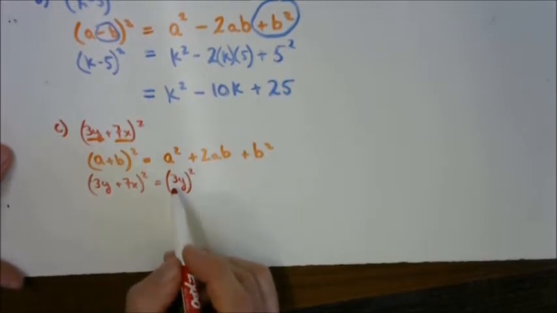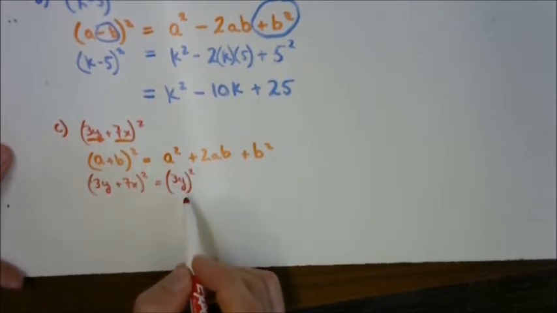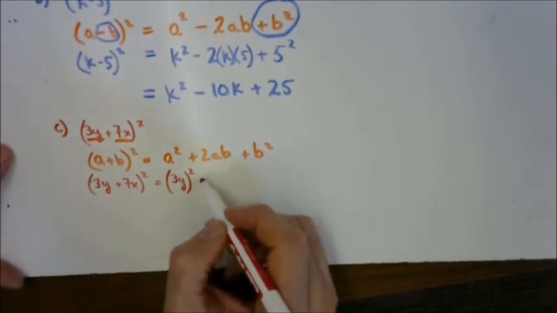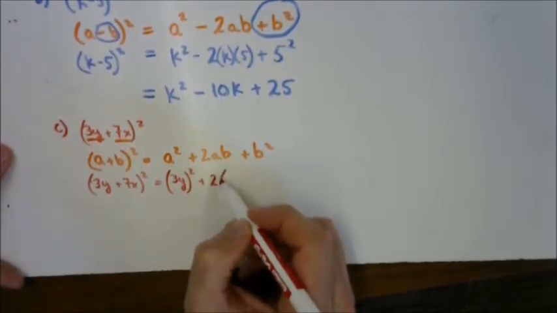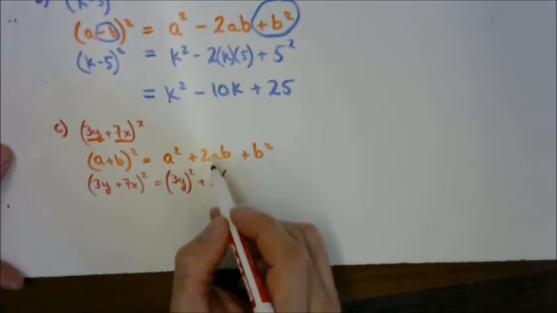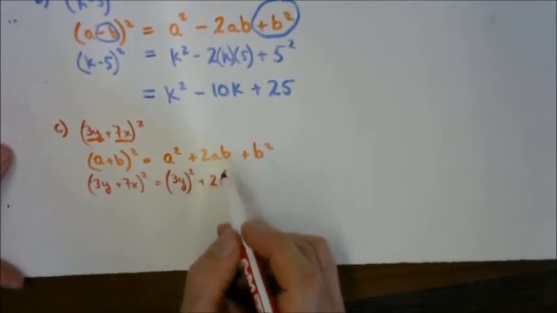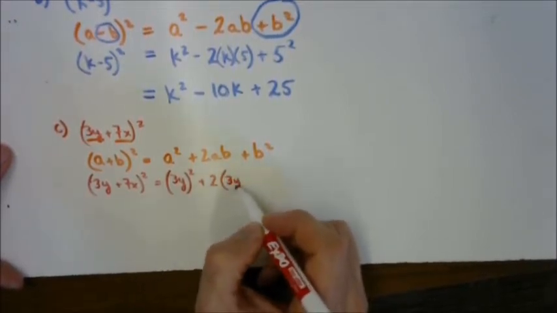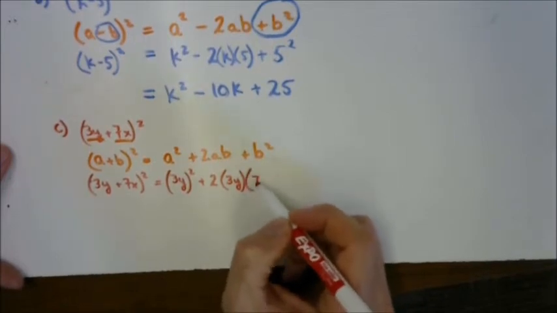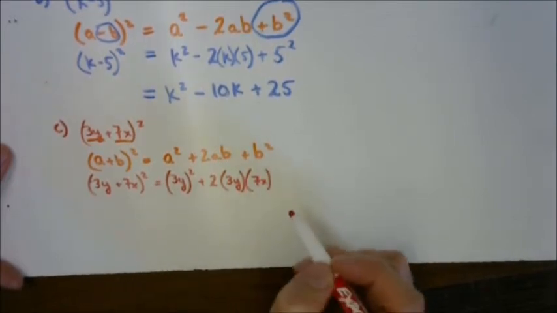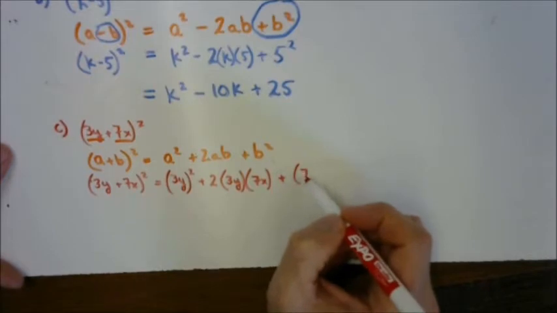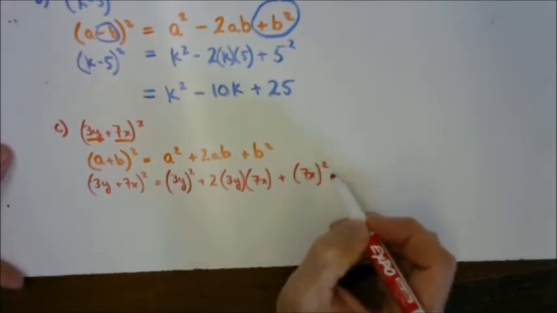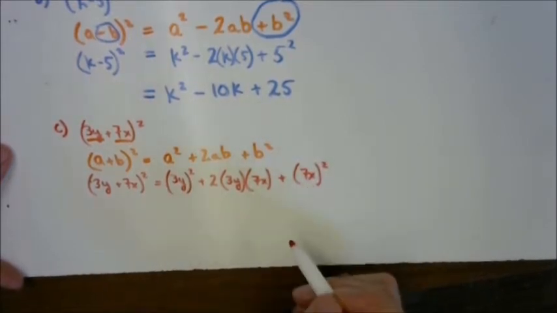That means you're squaring the numerical part of the term as well as the variable. Then here we have 2. Is it always 2? Times ab. It's always going to be 2ab. So a is 3y, and b is 7x. And then we have plus (7x) squared, the whole thing gets squared, the 7 and the x.